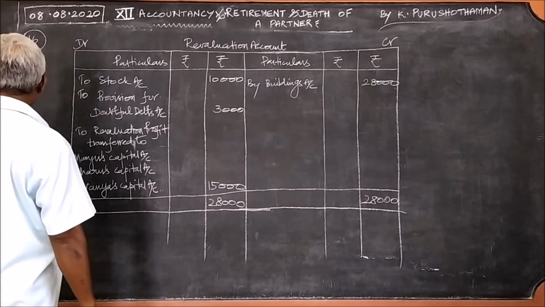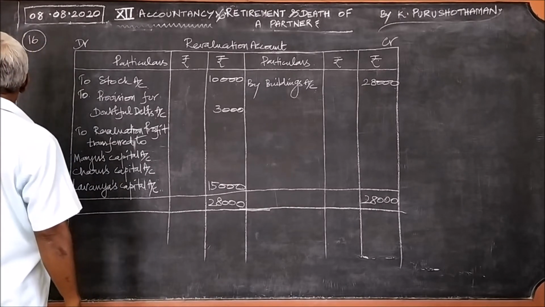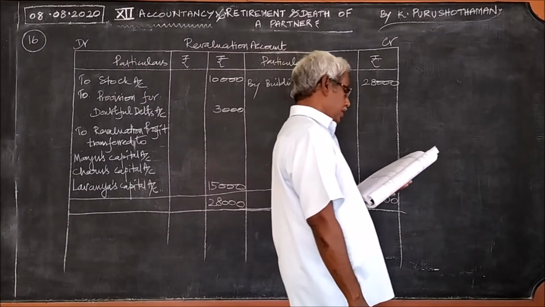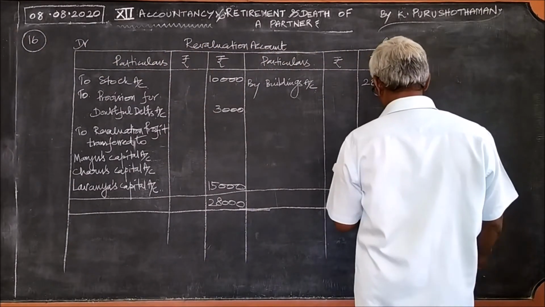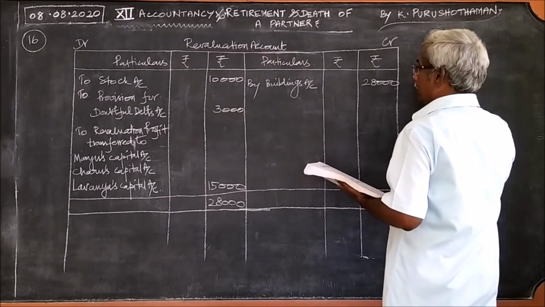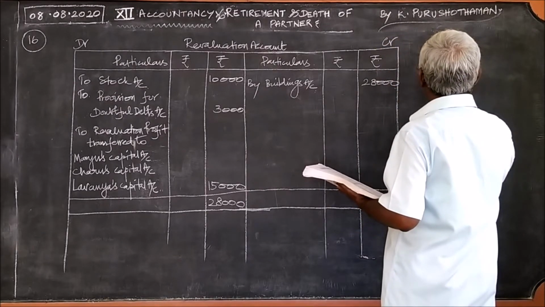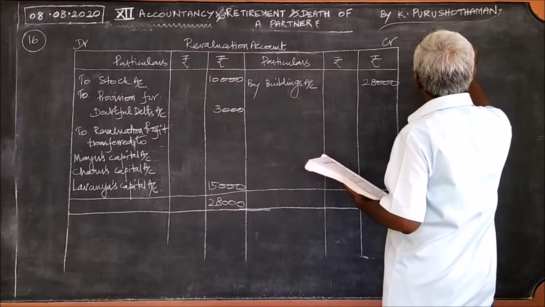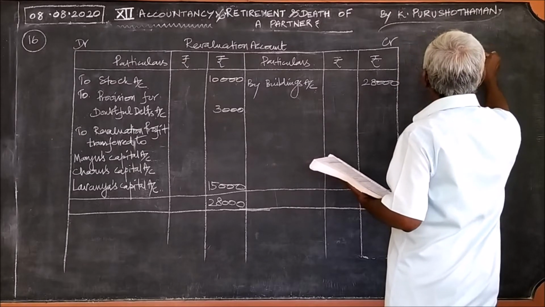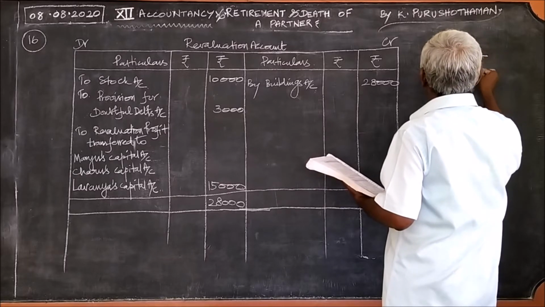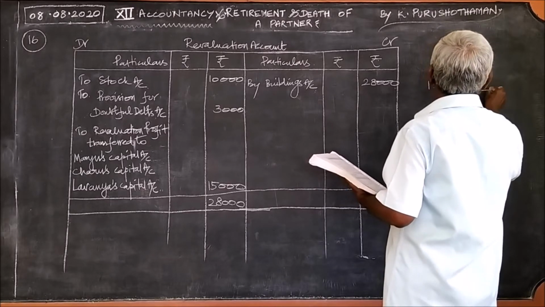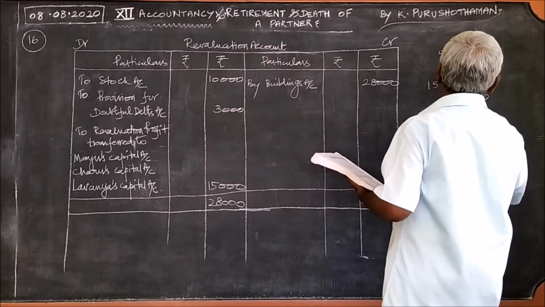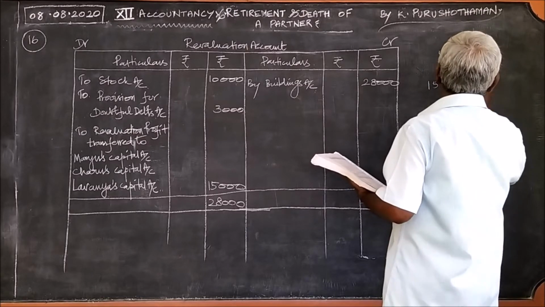And we should write it there. How they are dividing the amount in the ratio 5:3:2 and 15,000. It should be divided in the ratio 5:3:2. 5 plus 3, 8, 8 plus 2, 10. That is 5/10, 3/10, 2/10.